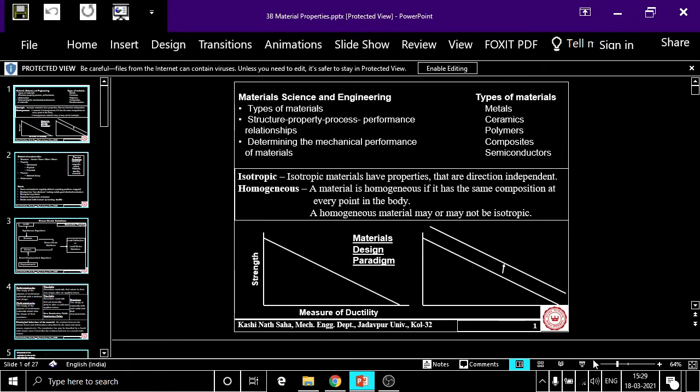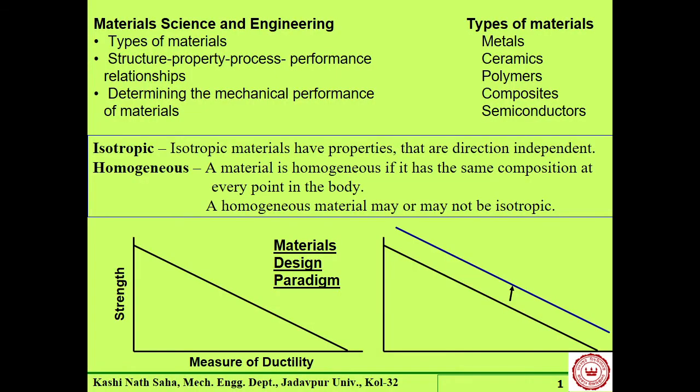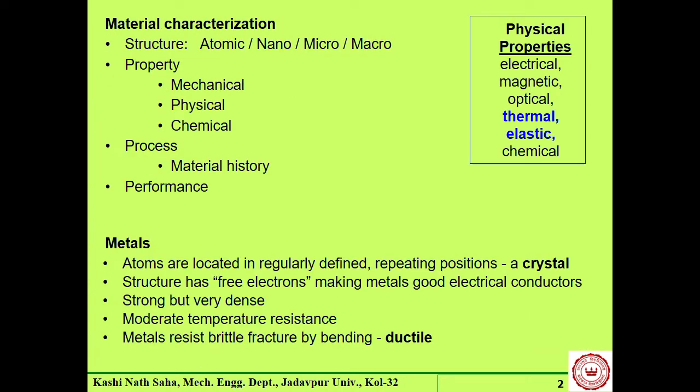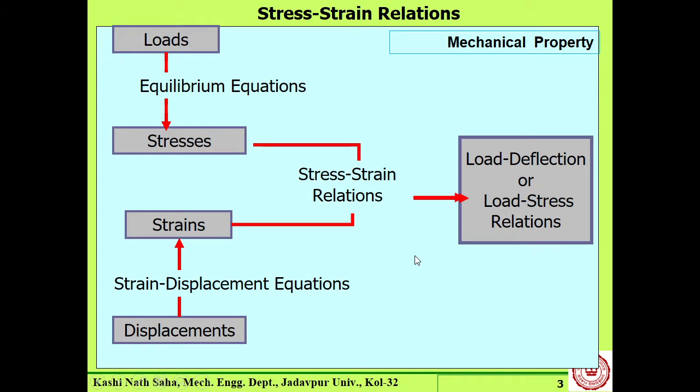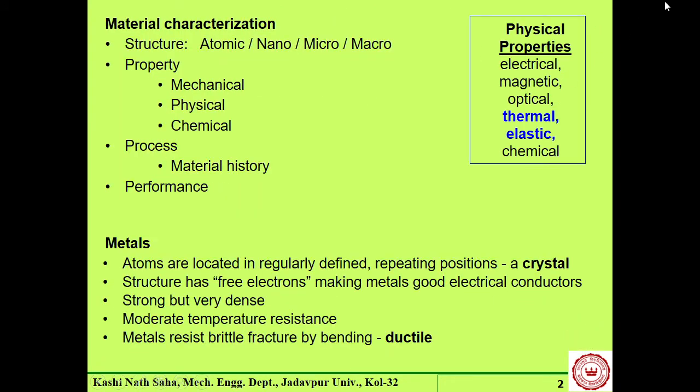Okay. The material properties. Now, in general there are various types of material properties. There are physical properties of material, which can be electrical property, magnetic property, etcetera.